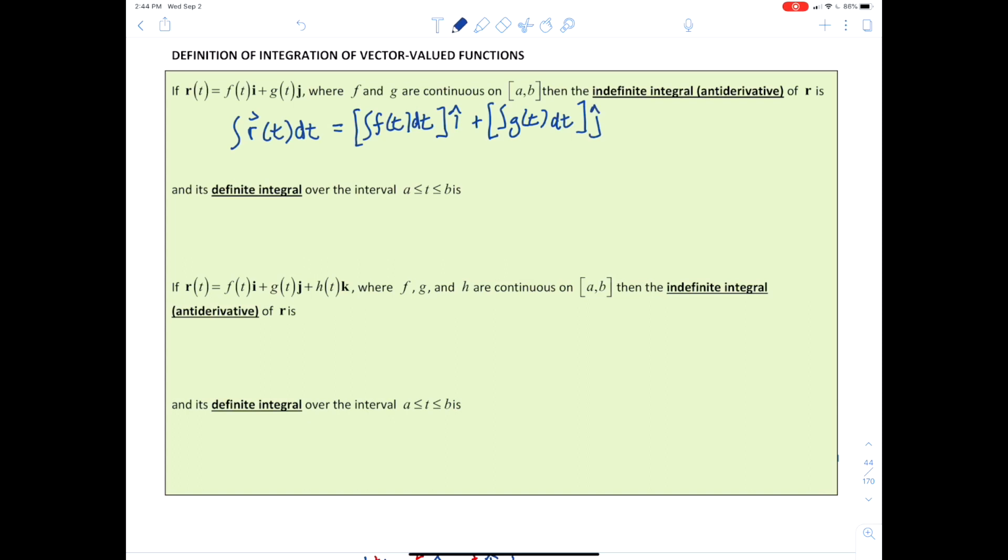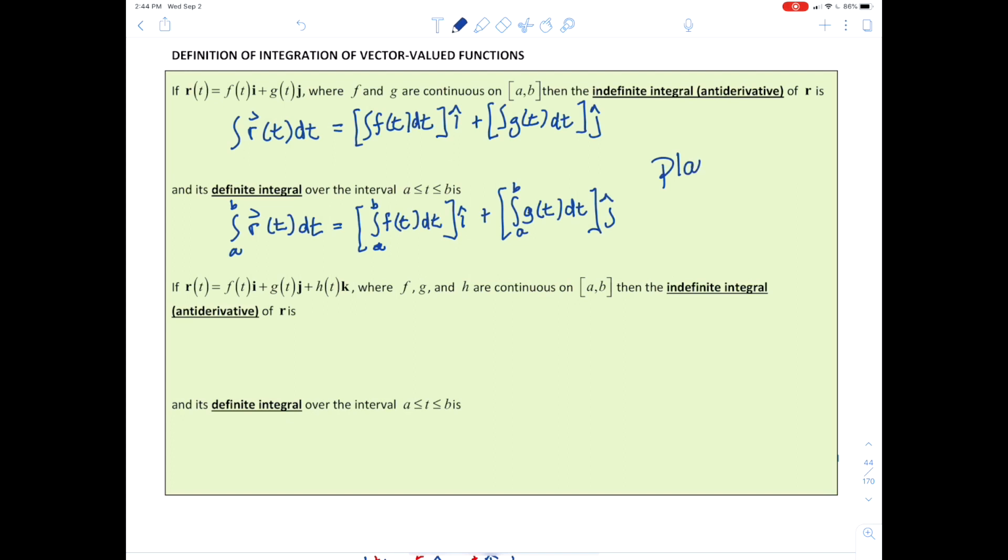And its definite integral over the interval from a to b inclusive would be the integral from a to b of r of t dt, which is the integral from a to b of f of t dt times i plus the integral from a to b of g of t dt times j. Good so far? Awesome.